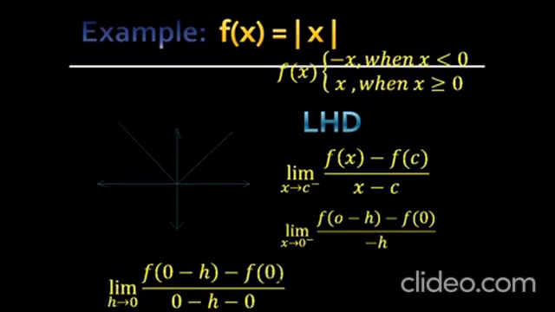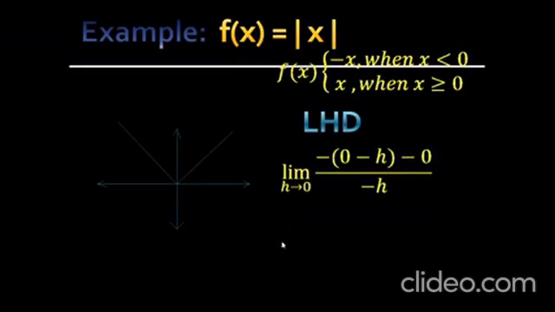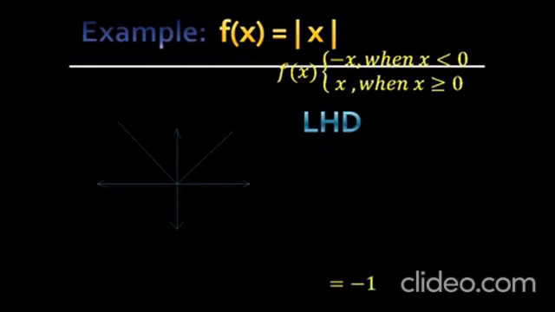Afterwards, it is equal to the limit of h upon minus h. After simplifying, we get the result -1. So the left hand differentiability is equal to -1.